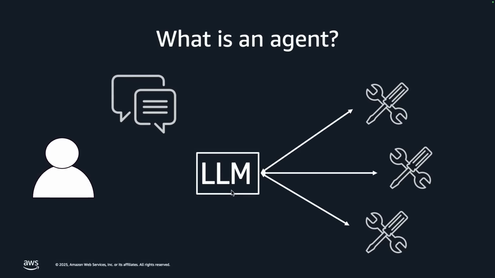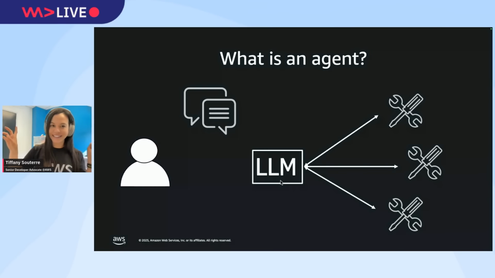I like to make the image of an agent as a ChatGPT with hands. So it's an LLM that you can converse with, but it can also do actions for you. And that's the step we were missing if you wanted to have a Jarvis, for example.